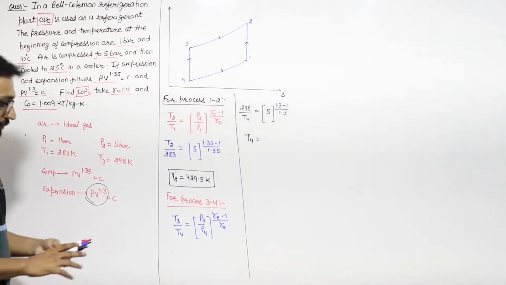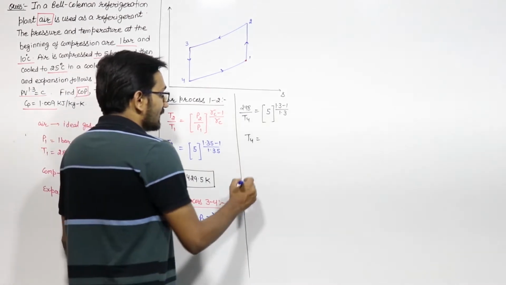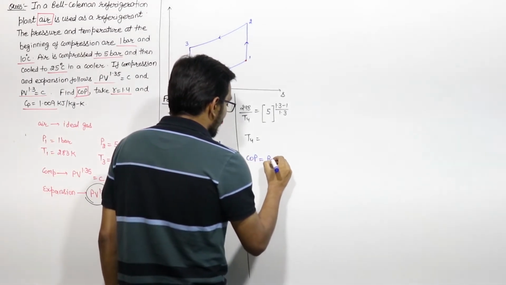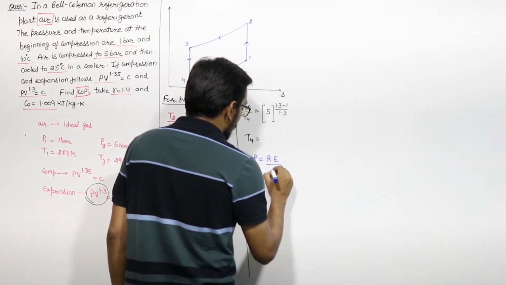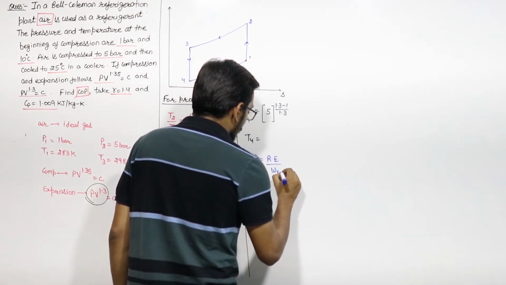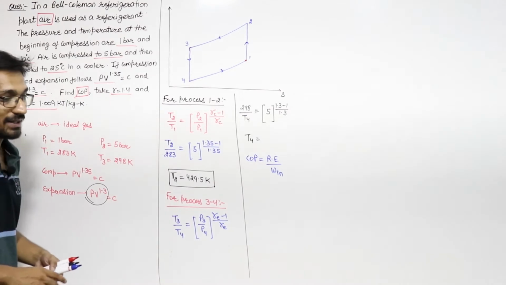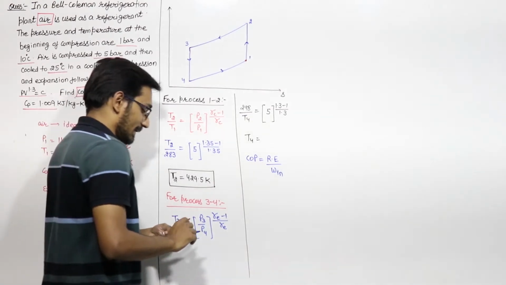Now, we have to find the COP. COP will be equal to refrigeration effect upon work input. Now we have to find this refrigeration effect and work input. So first of all, let us find the refrigeration effect.